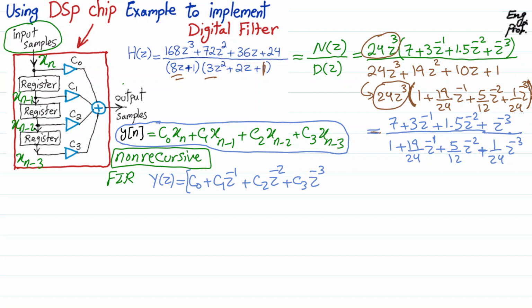So that's it, and this is x of z factored out. So what I'm trying to say is relationship between x of z, or the transfer function of input sample, and y of z, transfer function of output sample, as realized by this filter in red in this DSP chip, is this FIR, or non-recursive transfer function g of z.